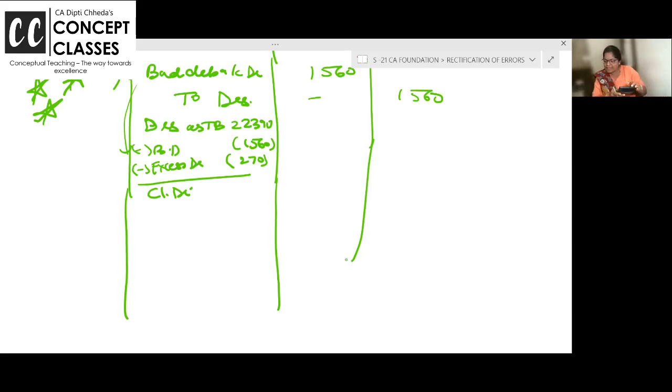अब closing debtors कितने हैं करो? 22,390 minus 1560 bad debt minus excess debit now credited.